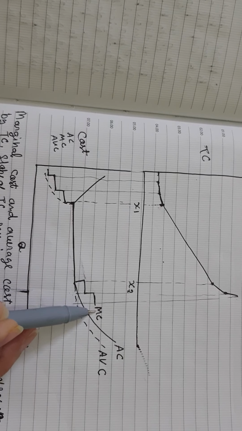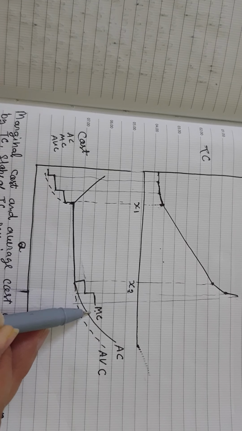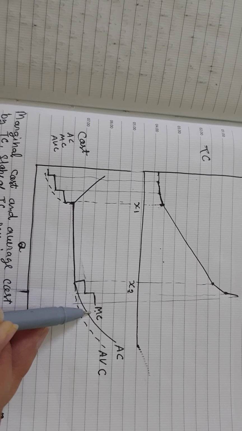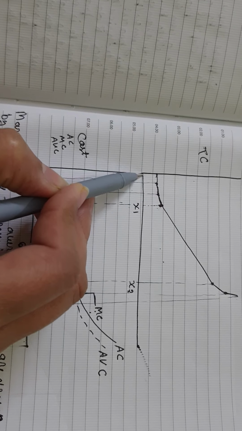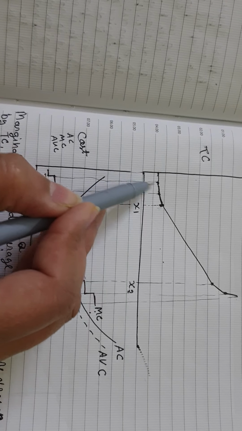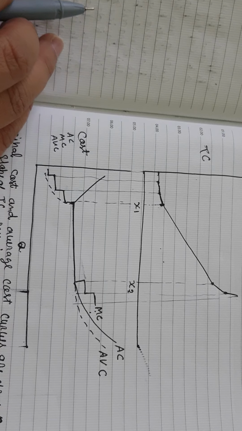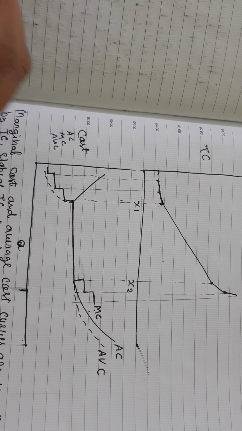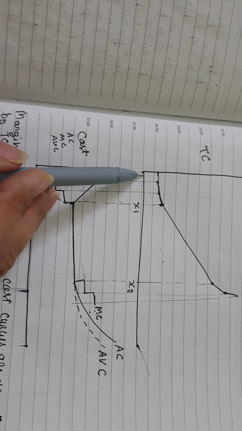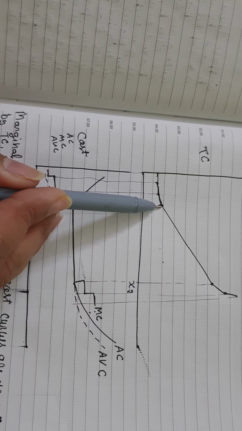This is your marginal cost. What is happening to average cost? If you are aware of this method, I guess you are. If we join our origin point with every point of the total cost curve, their slopes are actually average cost. This is one method of finding out the average cost. So average cost is continuously decreasing from this point to this point.